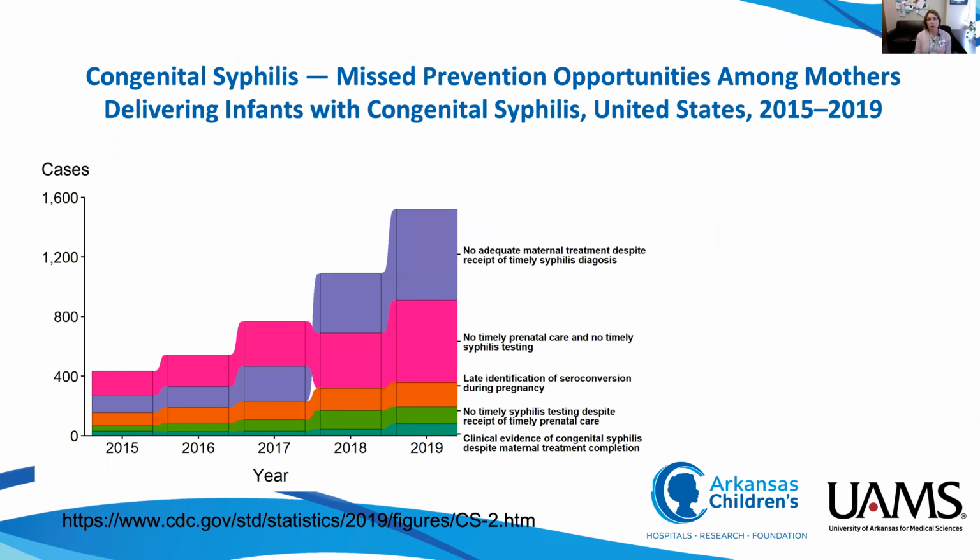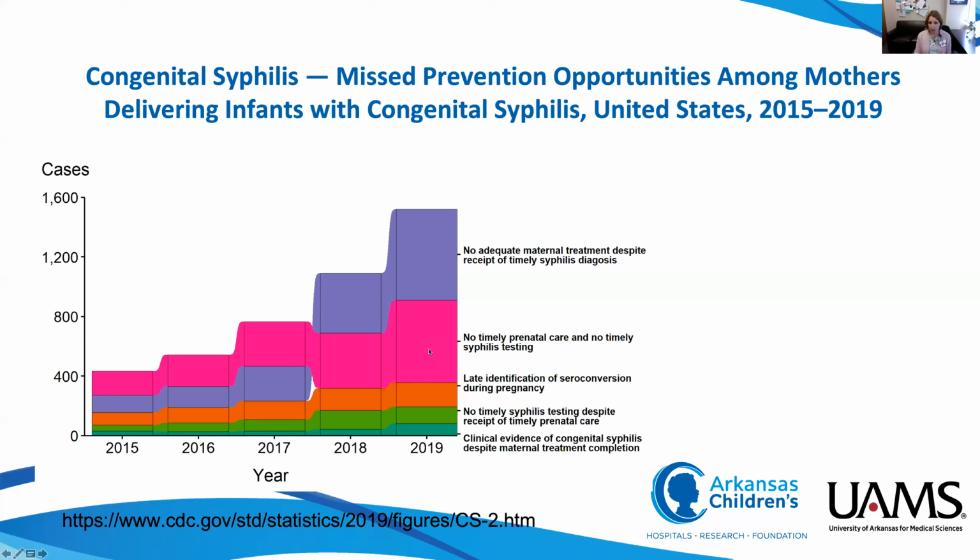So we have all these moms. How are we failing these babies? What are our missed opportunities? You can see that things have changed over the years. This purple group is where moms were adequately diagnosed, but they did not receive treatment for whatever reason. There were barriers to their care.